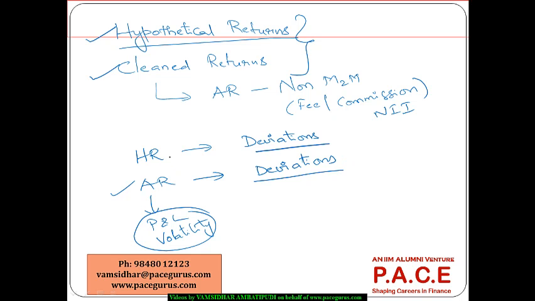So it's better to do the exception comparison both with the hypothetical returns as well as the actual returns, because in some cases, if the model is good with the hypothetical return but not good with the actual returns, I can say there is some problem with the intraday trading, right?